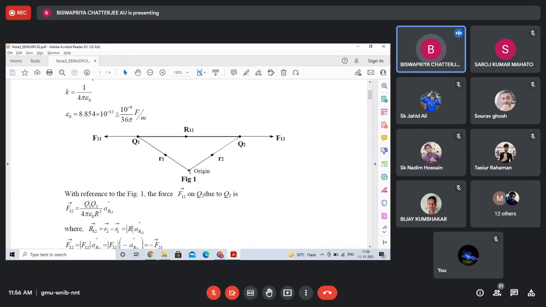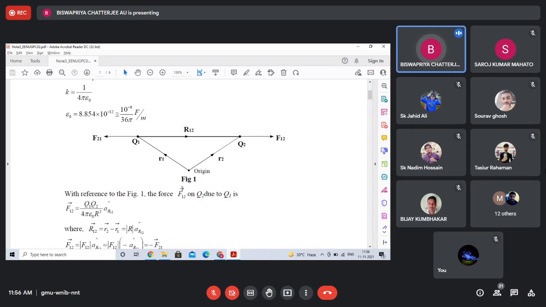The origin is the reference point. F12 is the force acting away from Q2, and F21 is the force acting away from Q1. R12 is the distance vector between Q1 and Q2.